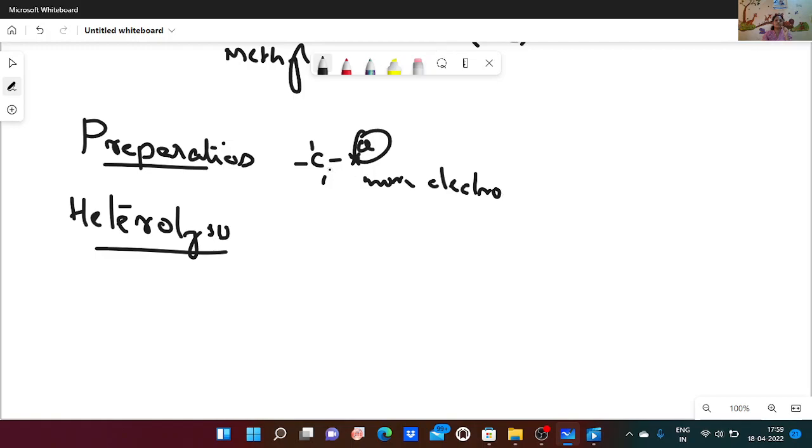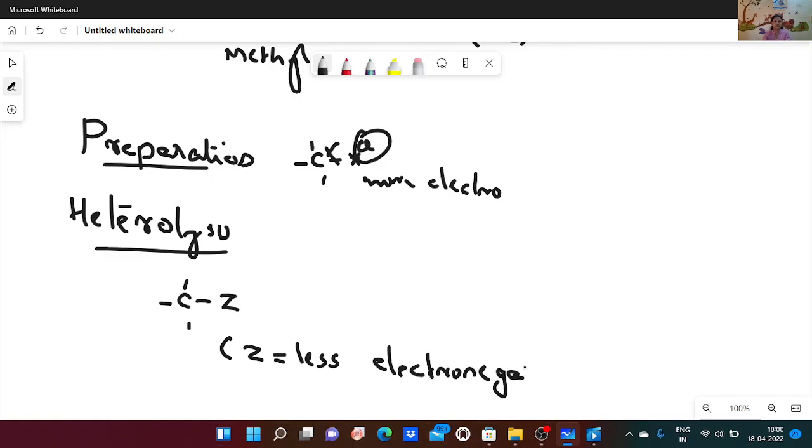But here, for the formation of carbanion, you should remember that the carbon atom is connected to, let it be Z. What is Z? Z should be less electronegative than carbon.